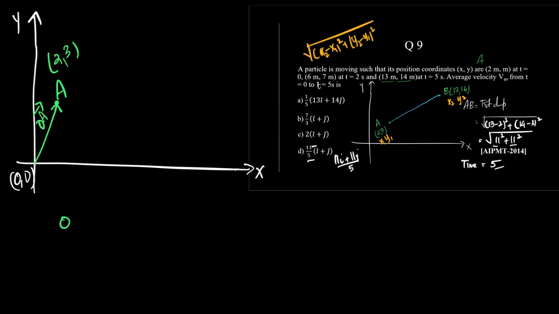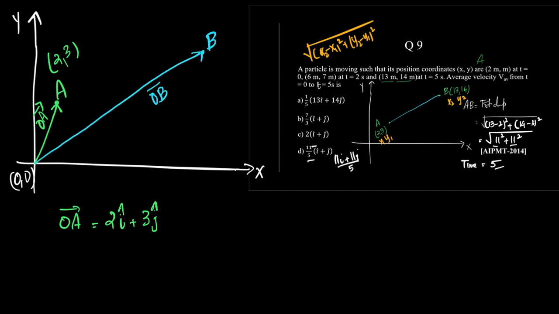Now what is vector OA equal to? Vector OA is equal to 2i cap plus 3j cap. Now what is the final position B? So we have another vector OB, and the position of B is 13, 14. So we have vector OB is 13i cap plus 14j cap.